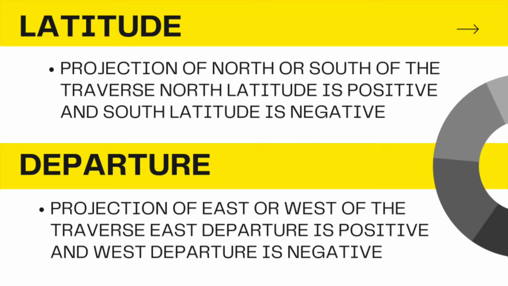So we have here latitude and departure. Latitude is either the north or south projection of our traverse, and departure is either the east or west projection of our traverse.